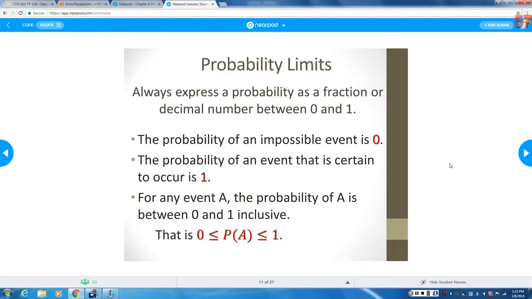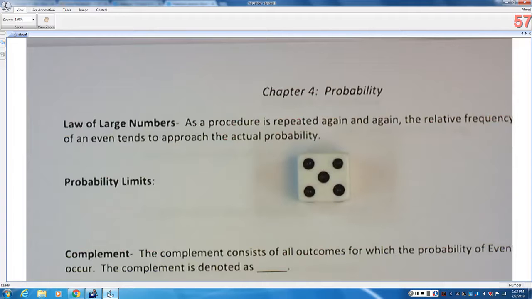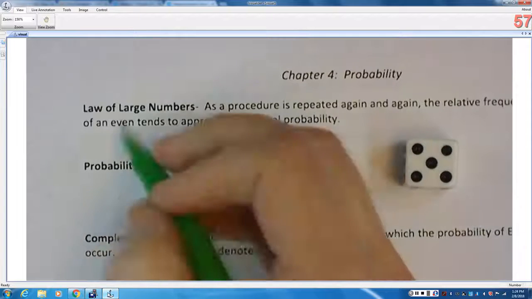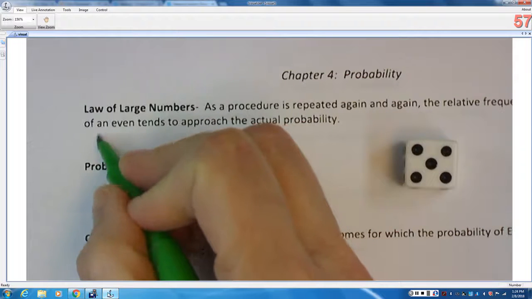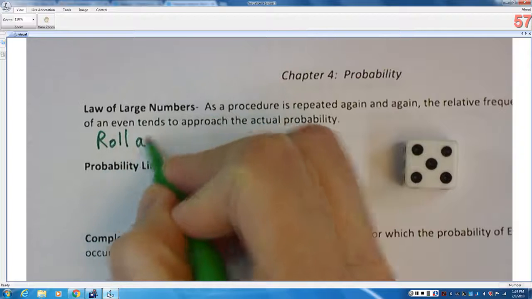Probability limits. So if you're rolling a six-sided die, and I'm going to roll that die, I want to know the probability of rolling a 7 on one roll. That's a procedure.